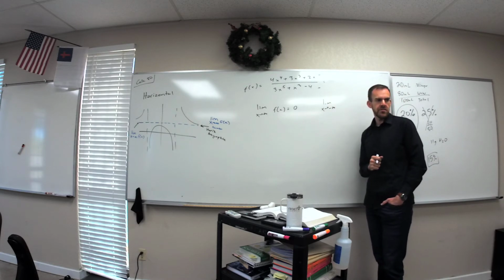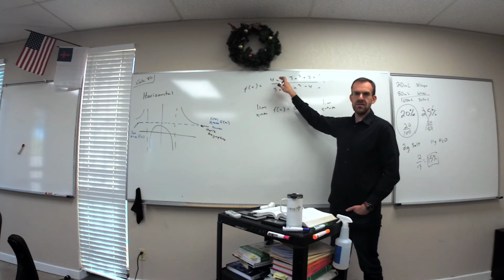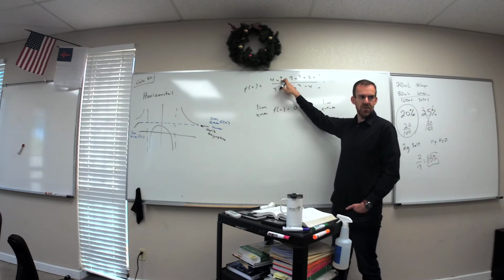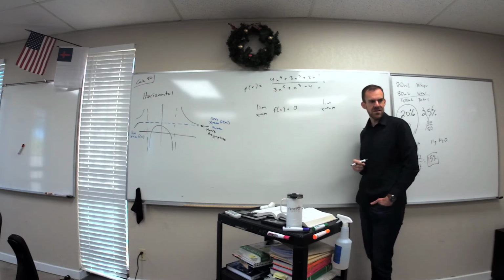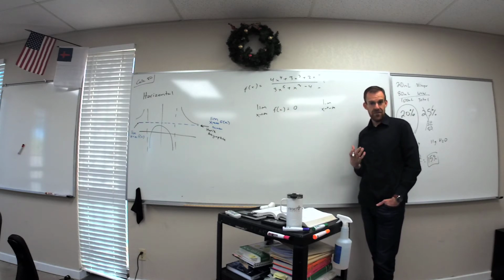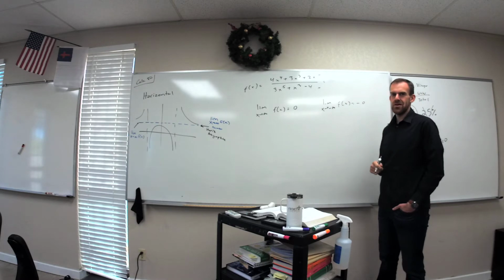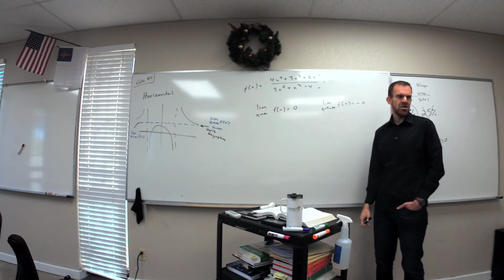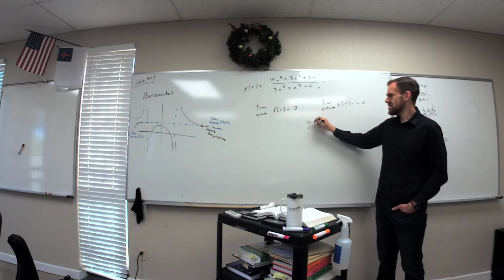If you plug in negative infinity, you get negative infinity to the fourth, which is just infinity, over negative infinity to the fifth, which is negative infinity because it's an odd power. So you get negative 0. Are we bothered? No. Your horizontal asymptote is y equals 0.